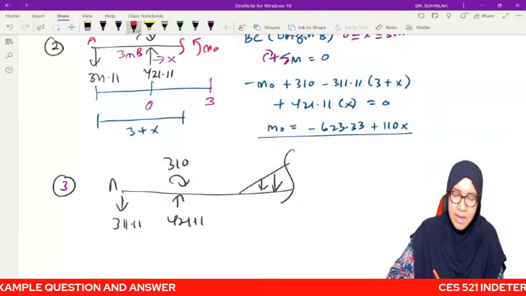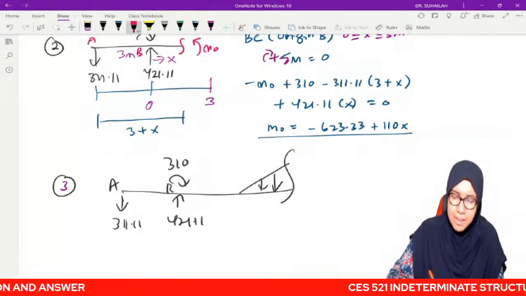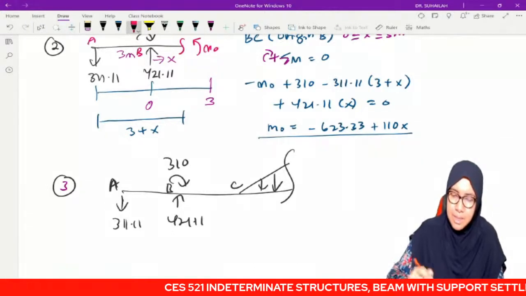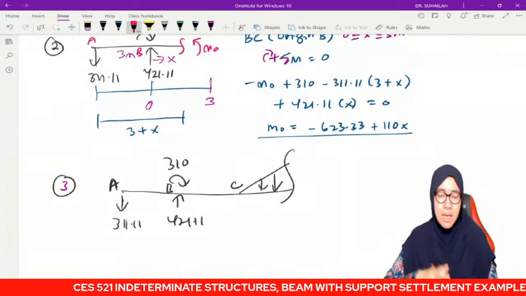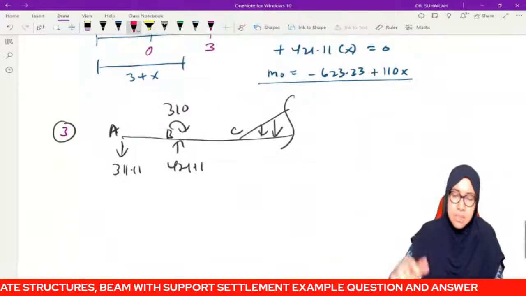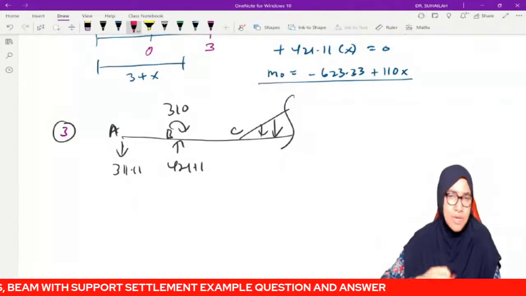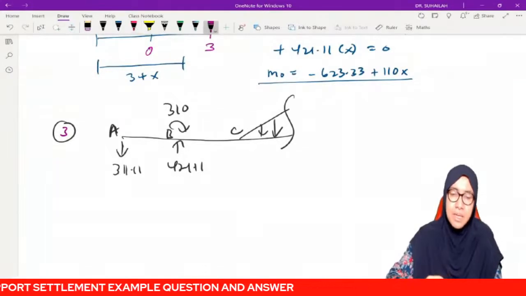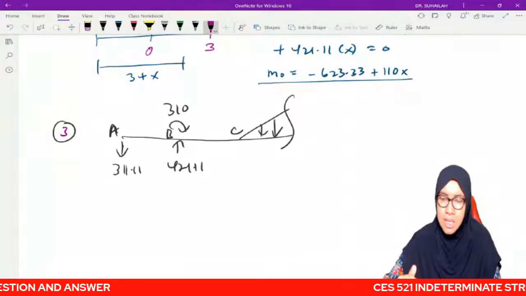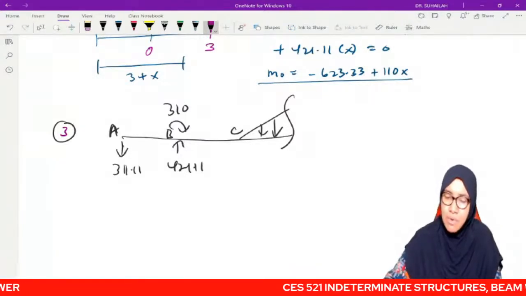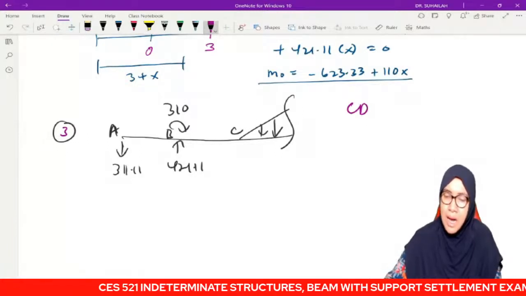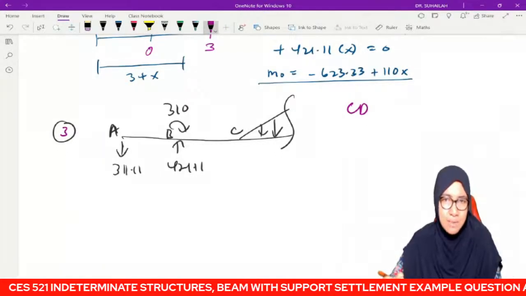So we have A, B, C. This is cutting section number 3, for CD. I want to choose C as origin.